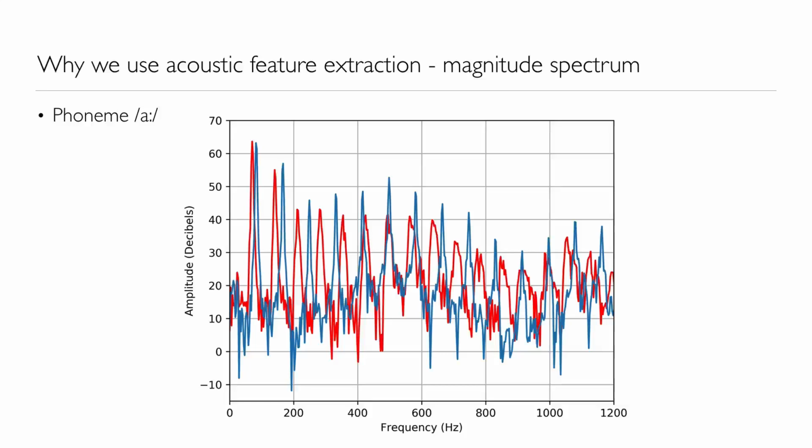One possible solution is to extract just the spectral envelope, which is the contour of this spectral magnitude. If you compare these two curves, now they look much more similar, more consistent with the meaning of the underlying waveforms. They mean the same phoneme, right?